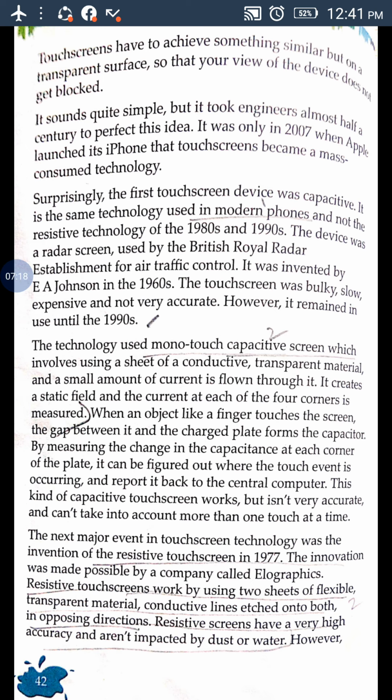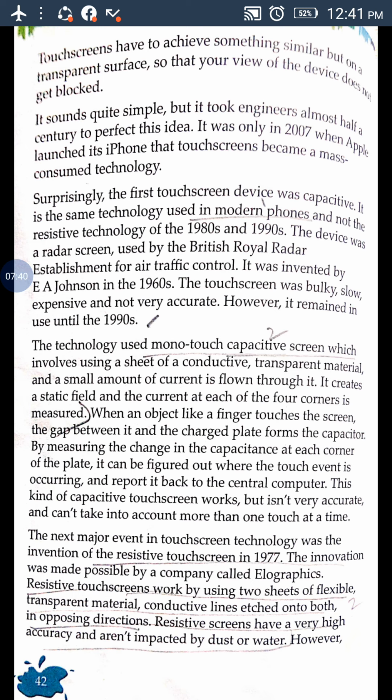The next major event in touchscreen technology was the invention of the resistive touchscreen in 1977. The innovation was made possible by a company called Elographics. Resistive touchscreens work by using two sheets of flexible transparent material.